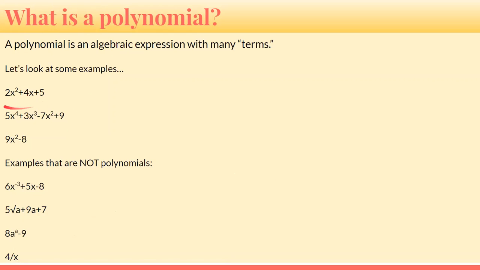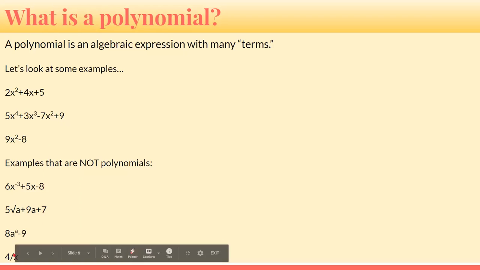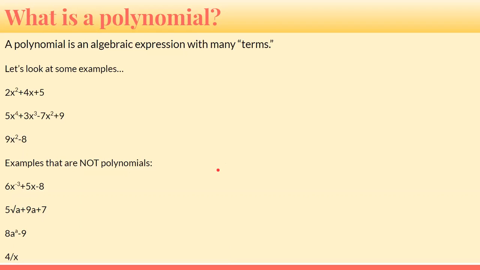And we can see that all our variables are actually in the numerator. So same with these other two polynomials over here. But here, we have a 4 divided by x, and our variable is actually in the denominator. And that is the reason why 4 divided by x is not a polynomial.